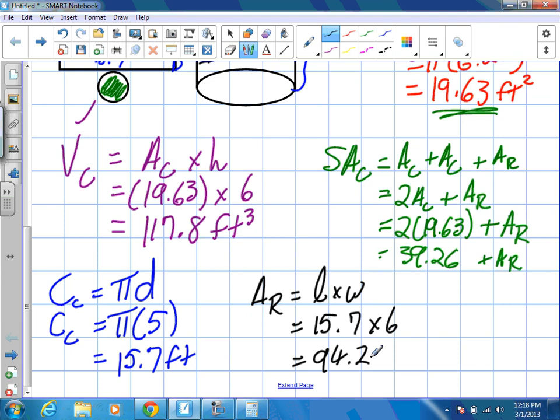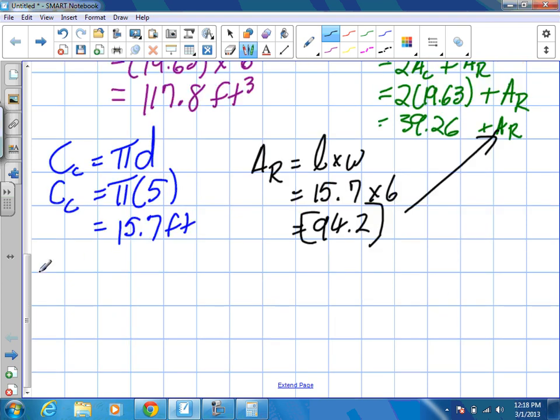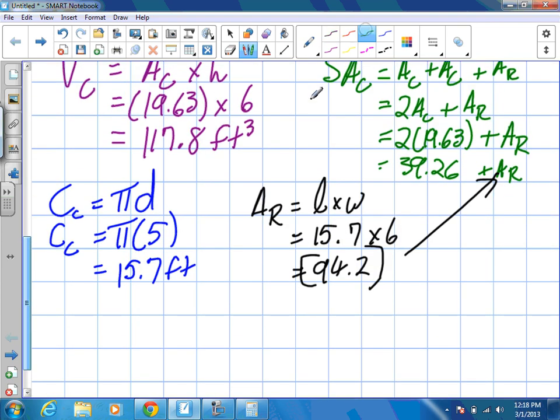I need to take this information and plug it into the total surface area. So let's rewrite our surface area formula. Surface area of the cylinder is equal to, we already solved the first part, 39.26. That's the area of those 2 circles. Plus, now we're taking the area of that rectangle, which is 94.2.